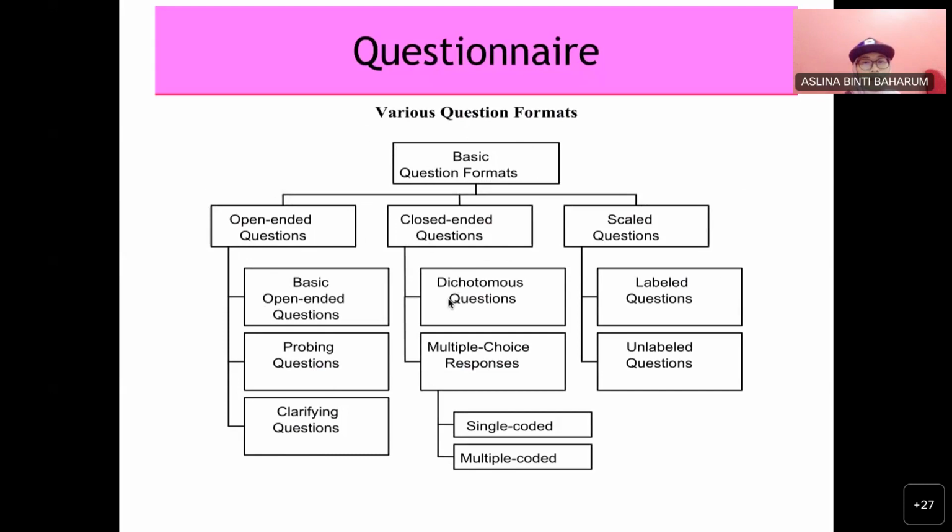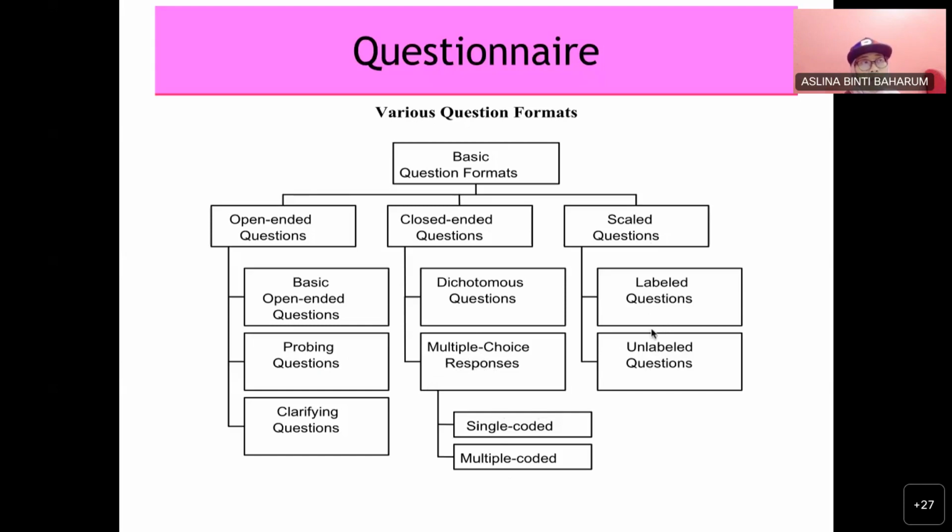Close-ended, how to pronounce it? Dichotomous and multiple choice, MCQ. Okay, so you already give the answer. Okay, single coded or multiple coded. So it can be yes or no, true or false, or it can have 4 options. Scale questions, labeled or unlabeled.